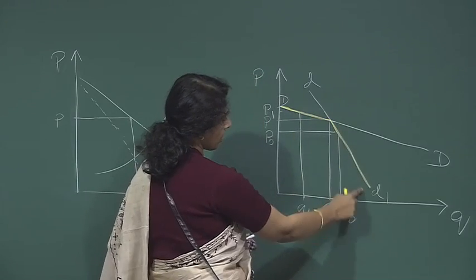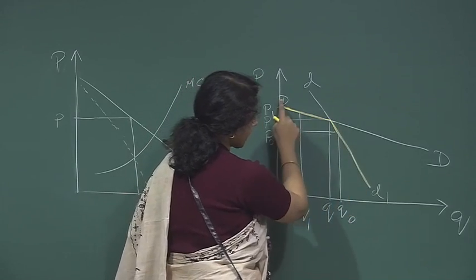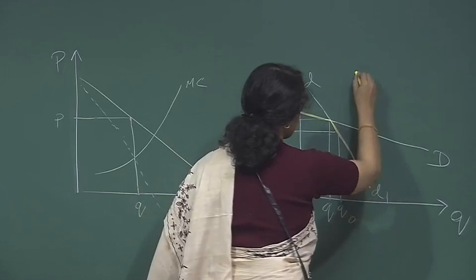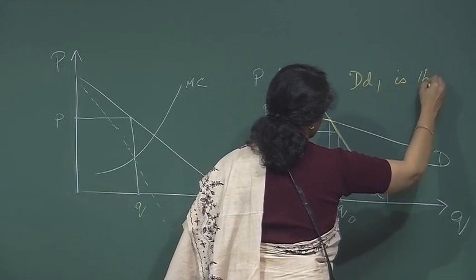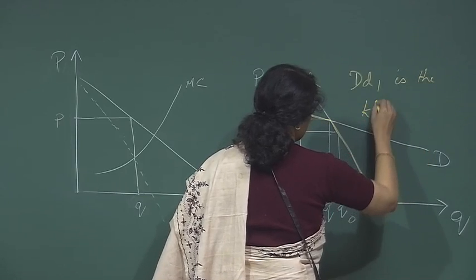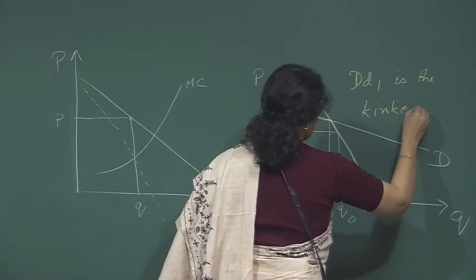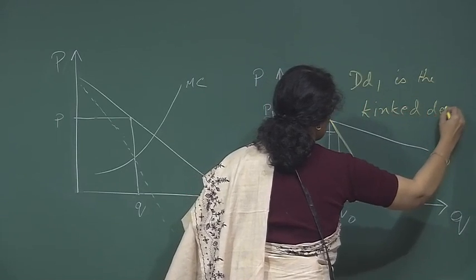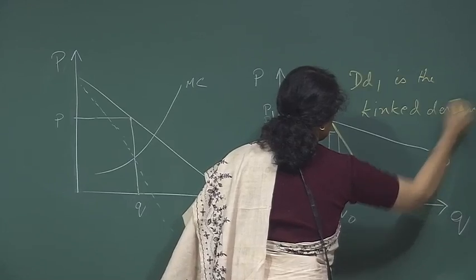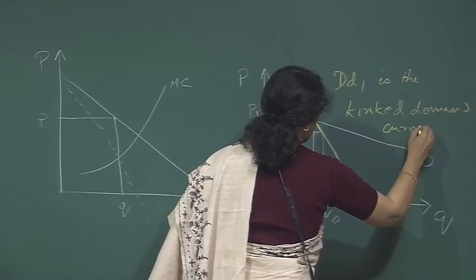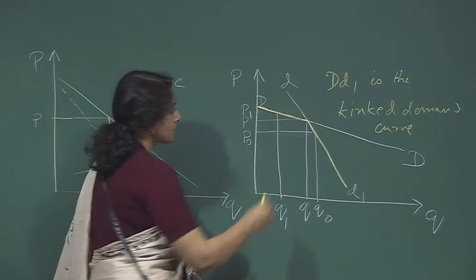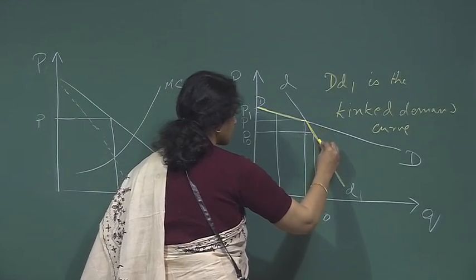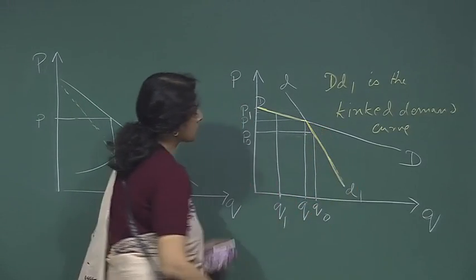The yellow demand curve, capital D D1, is the kinked demand curve. So capital D D1 is the kinked demand curve that each of the firms is facing.